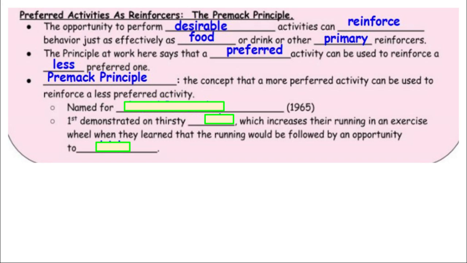It's named after David Premack from 1965, who first demonstrated this on thirsty rats, which increased their running in an exercise wheel when they learned that the running would be followed by an opportunity to have a drink.